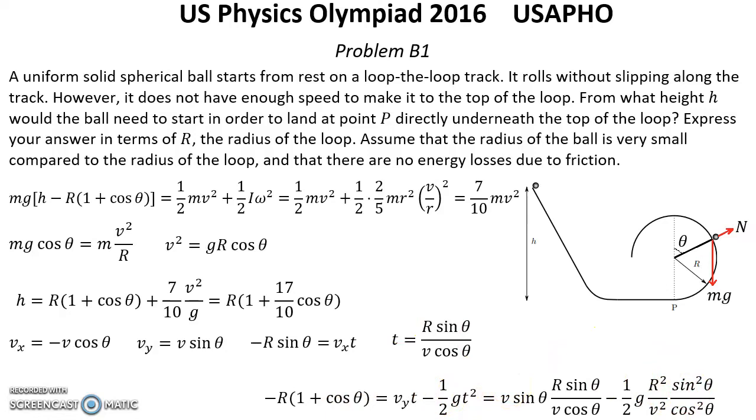And finally this can be simplified to this expression: 1 plus cosine theta equals gr over 2v square sine square theta over cosine theta. But we already have an expression for v square over gr, that will be cosine theta, and we can put it here.